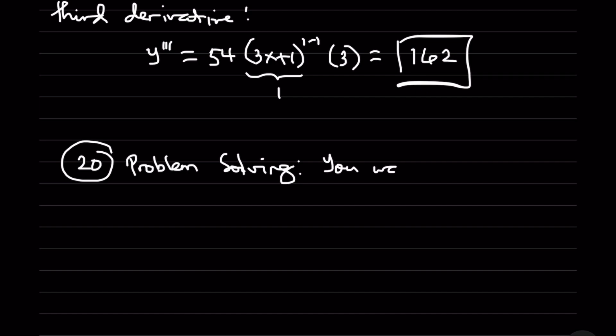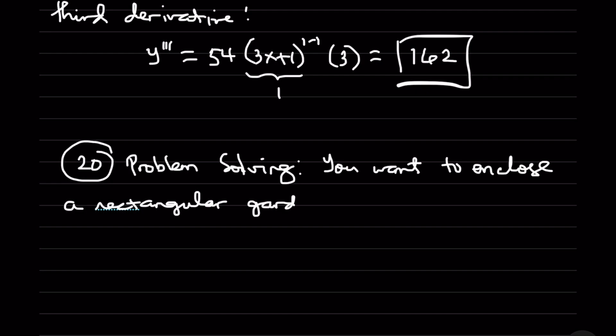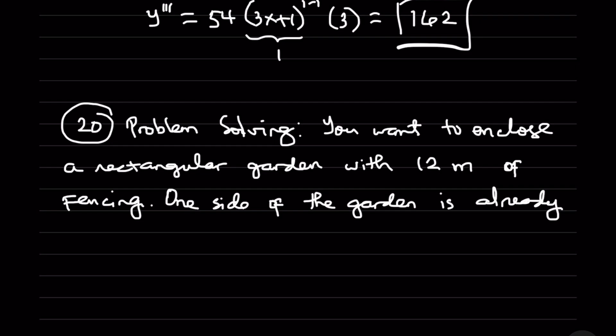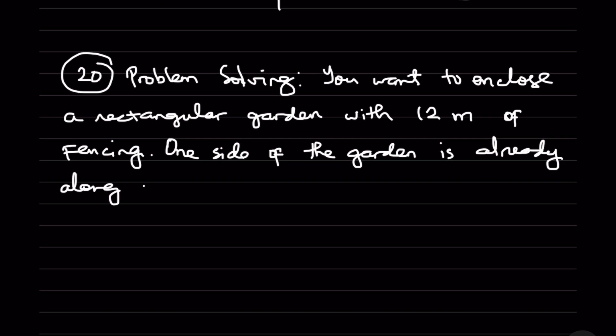The next problem is a word problem. You want to enclose a rectangular garden with 12 meters of fencing. One side of the garden is already along a wall.